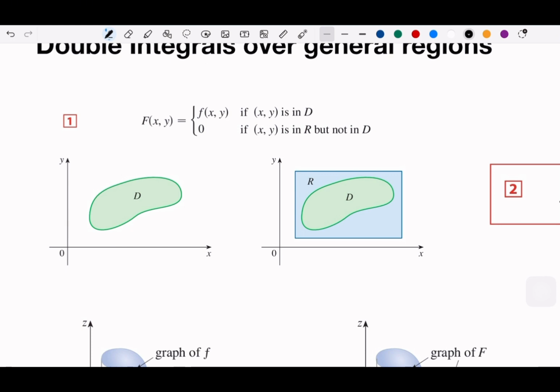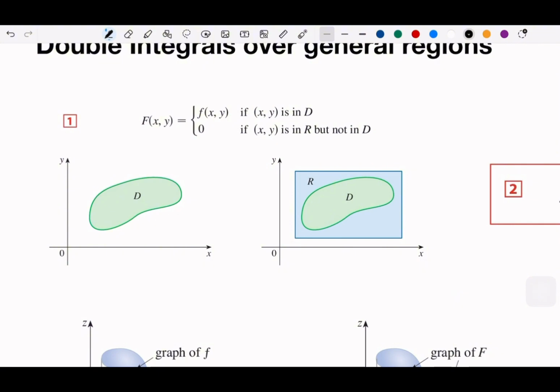If it's on the region D, it will be f(x,y). But outside of D, in R, the function will be zero. This is valid, and we can use these definitions to form our integrations.